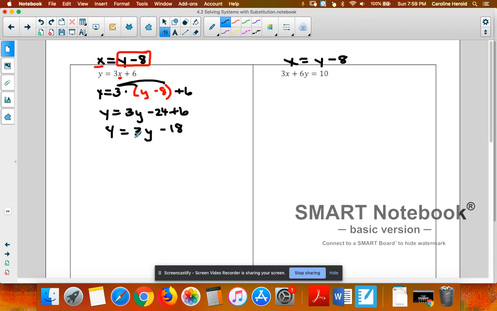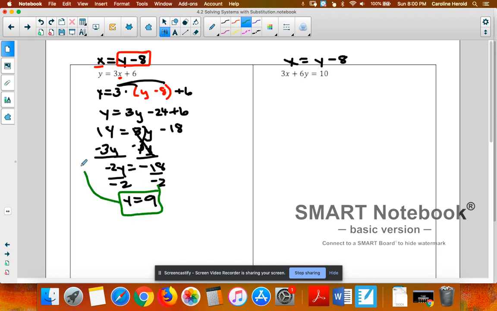I really want to get rid of this 3y again. Minus 3y on both sides. 1y minus 3y is negative 2y. This becomes a zero pair. And I get negative 2y equals negative 18. And if I divide by negative 2, I get y equals 9. Pretty cool, right? So I know that y is equal to 9.